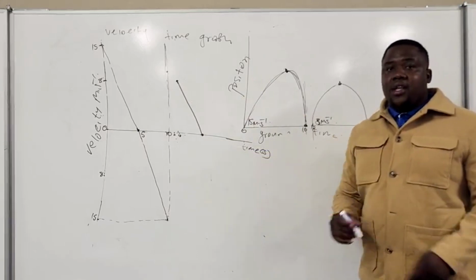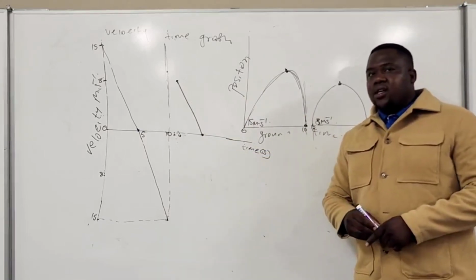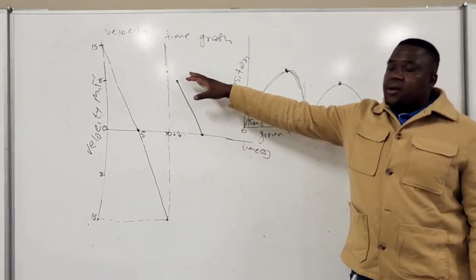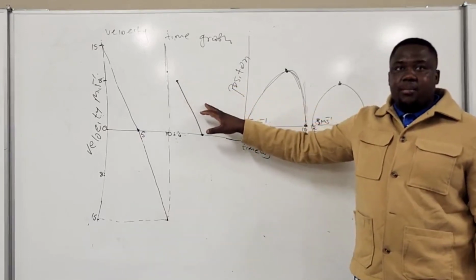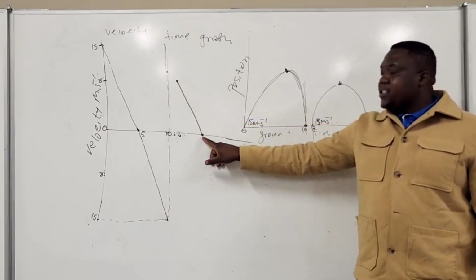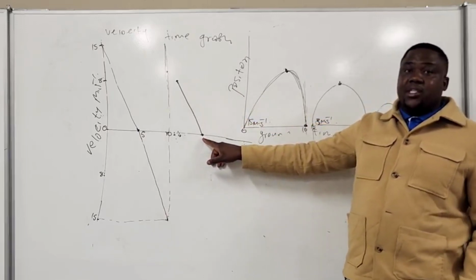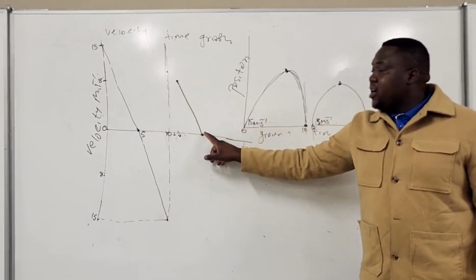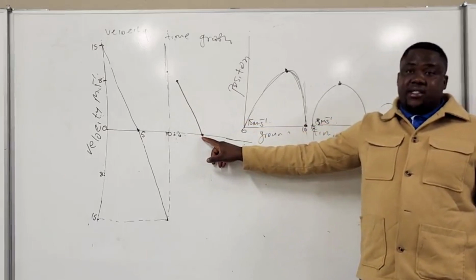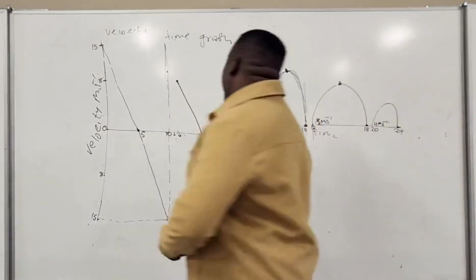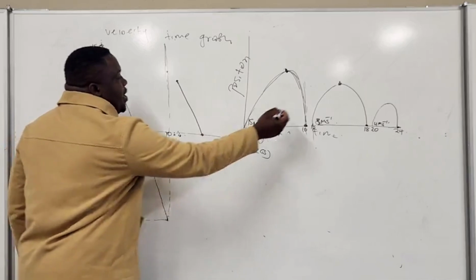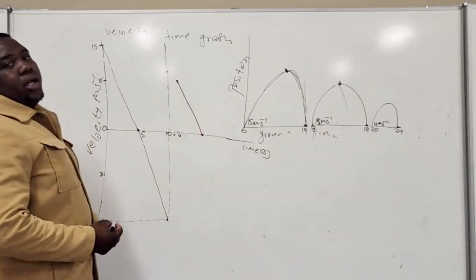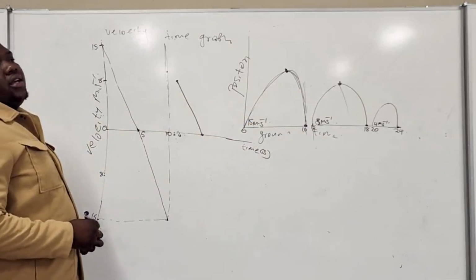So when the ball is going up, its velocity is decreasing. So the velocity versus time graph will be approaching 0 as the ball is going up until it becomes 0 meters per second. That's why you see this graph decreasing, approaching the x-axis. Okay, so now what will happen after the maximum position? The ball is going to come down. When a ball is moving down, its velocity increases.